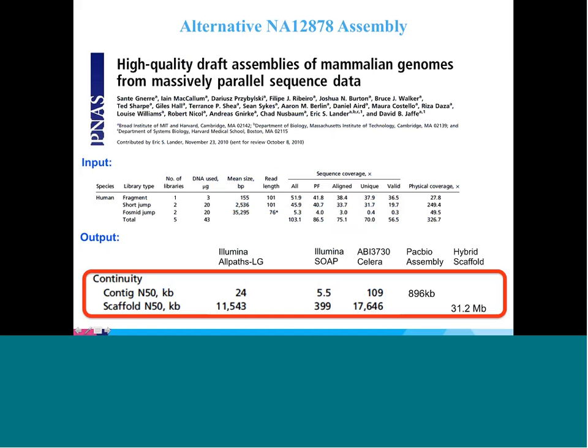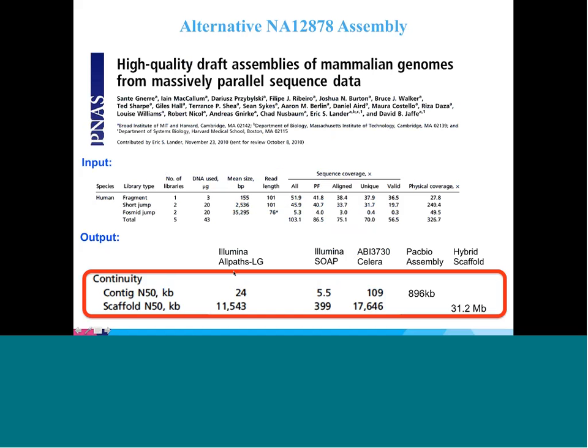So you have standard short reads of 155 base pairs, but you also have jumping libraries of 2.5 kb and a fosmid library of 35 kb. All of these were used at very high physical coverage. This is, in my opinion, one of the best available assemblies for this particular genome, at least that I was able to find, and very high quality. Perhaps the gold standard right now in that space.